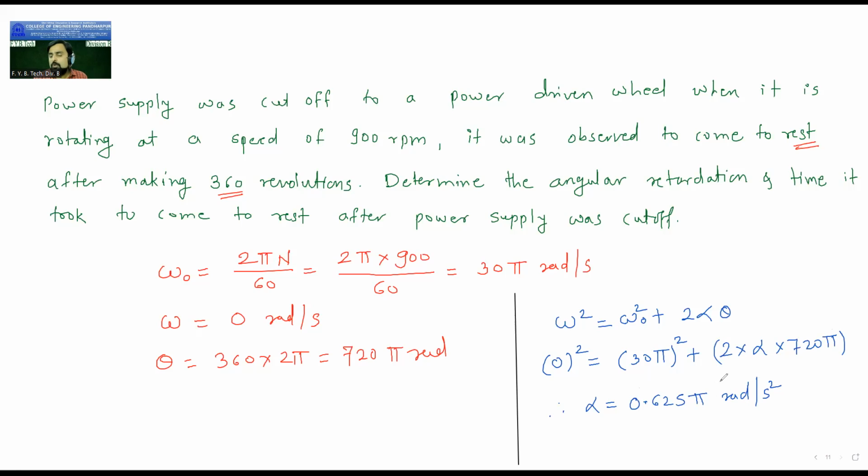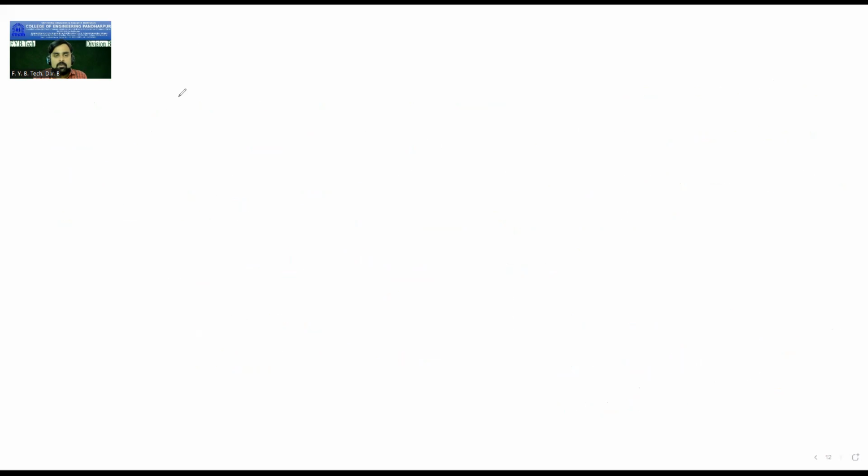Now we need to calculate the time. Use the first equation to calculate the time. So omega is equal to omega 0 plus alpha t. Here omega is 0, omega 0 is 30 pi, plus alpha t.